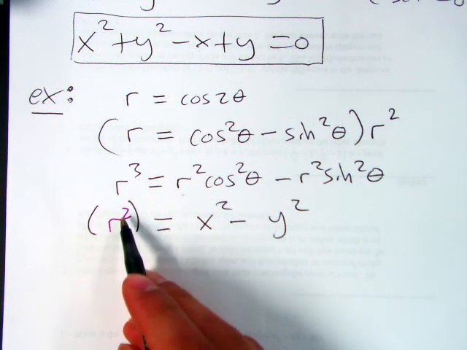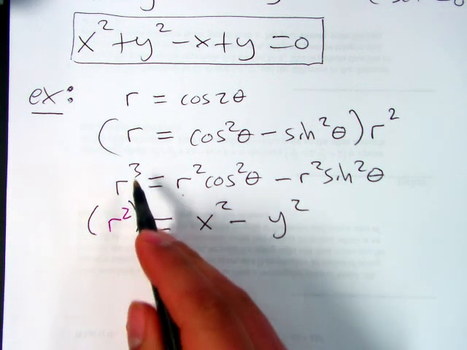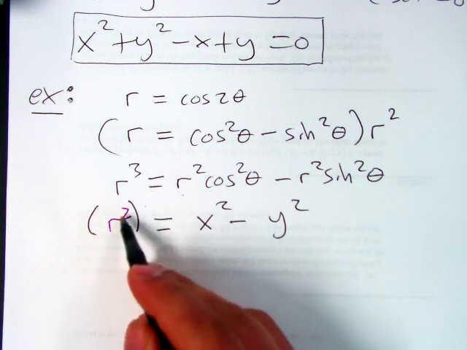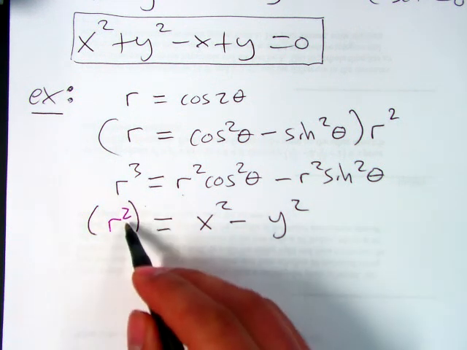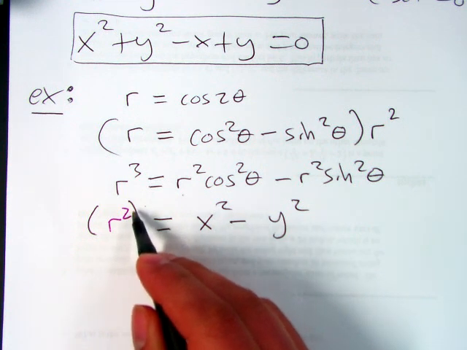R squared to what power turns it into a 3? What do you do with exponents when you've got them on the outside? You multiply. So, what number can I stick out here so that when I multiply 2 with this, I get 3?